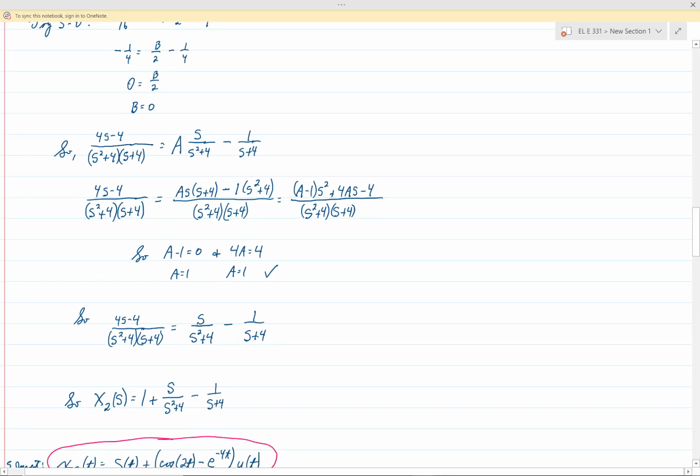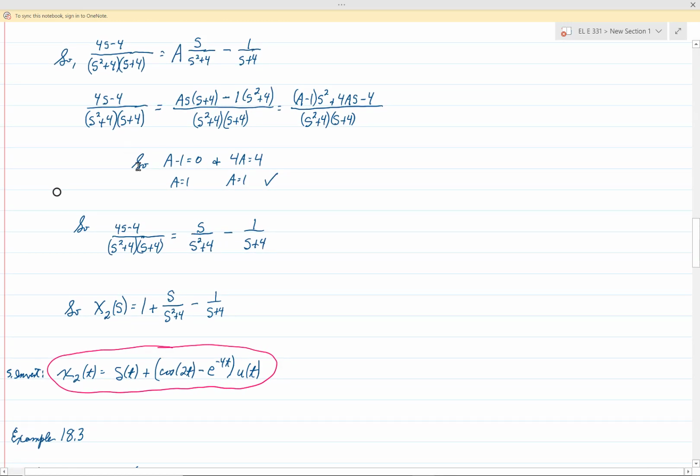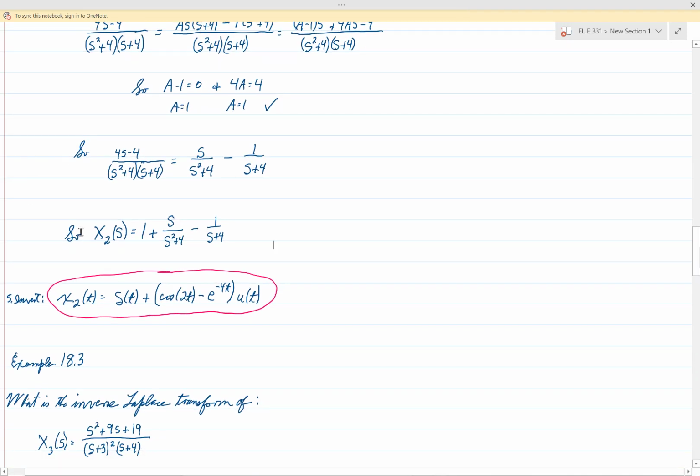So we come back down here to finish the problem. X2 of s right here is equal to 1 plus s over s squared plus 4 minus 1 over s plus 4. And as we said a few minutes ago, now we're ready to invert this.